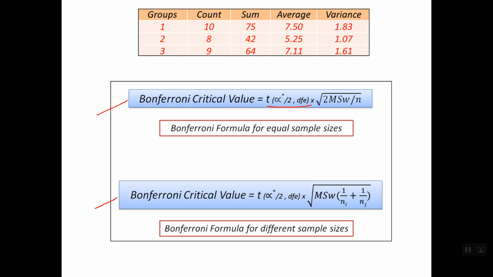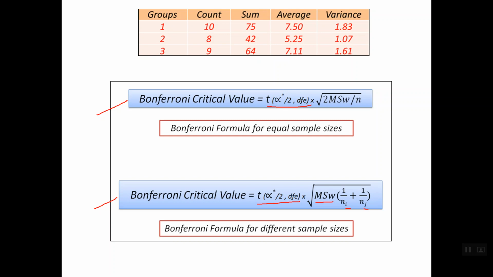In the case of different sample sizes, the formula becomes the same value of t, but multiplied by the square root of MSW multiplied by 1 over n sub i plus 1 over n sub j, where i and j are the different groups. So these are the two formulas for the Bonferroni critical value for both equal and different sample sizes.